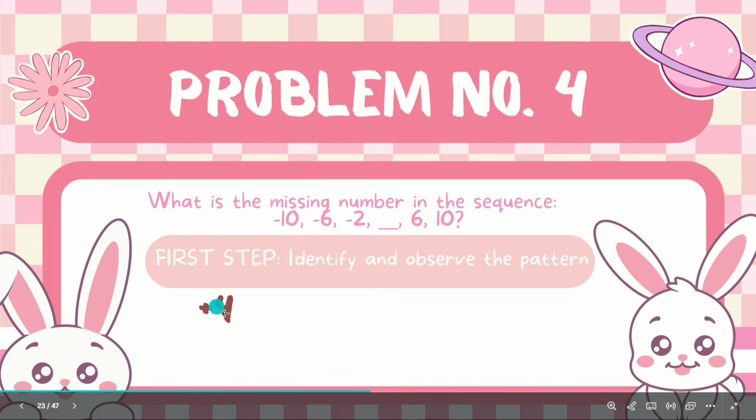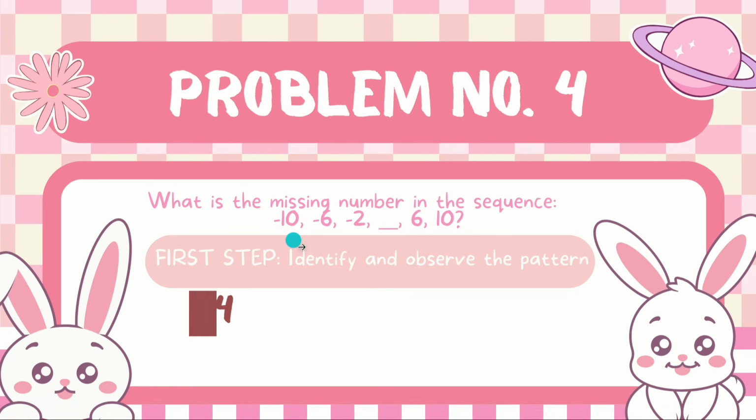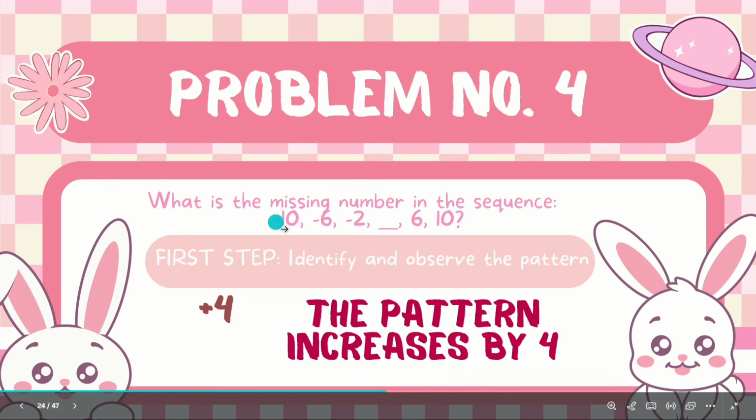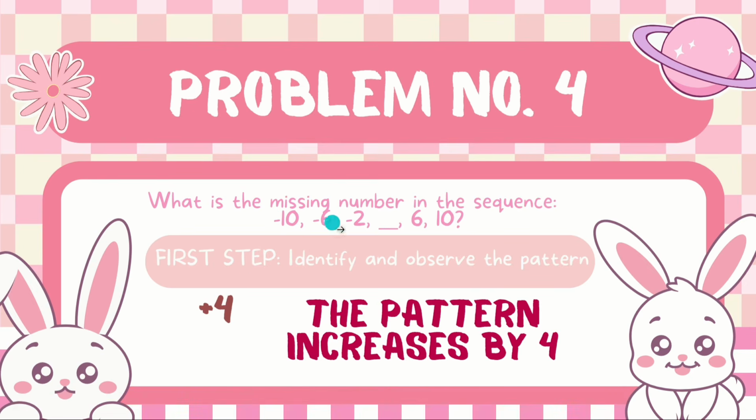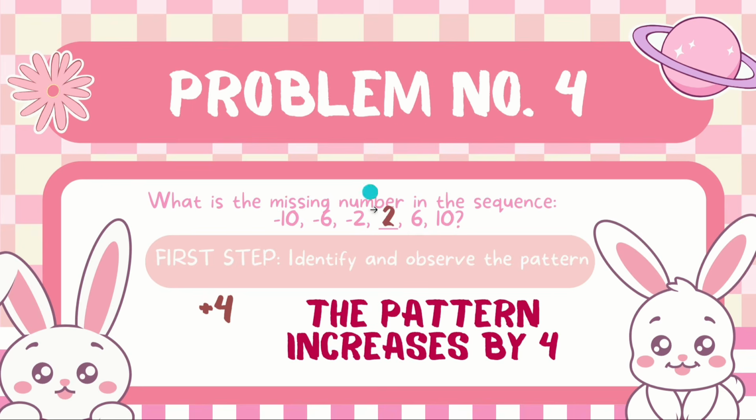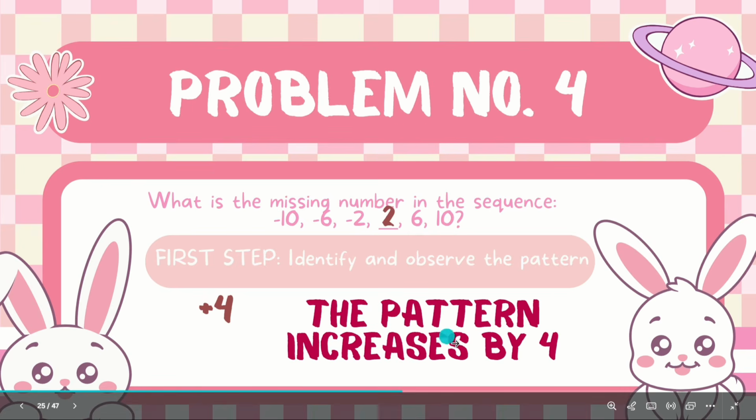Let's try adding 4. Negative 10 plus 4 is equal to negative 6. Negative 6 plus 4 is equal to negative 2. And negative 2 plus 4 is 2. So our pattern is increases by adding 4.